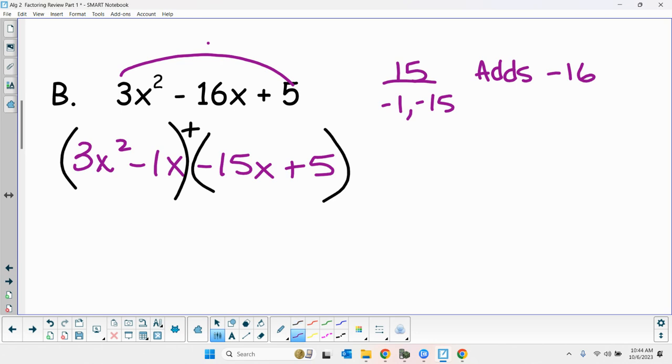All right, what's common to the first group? 1x, right? Or just x. Whenever this third term has a minus or a negative sign in front of it, like this 15 does, pull the negative sign out. What goes into 15x and 5? 5.